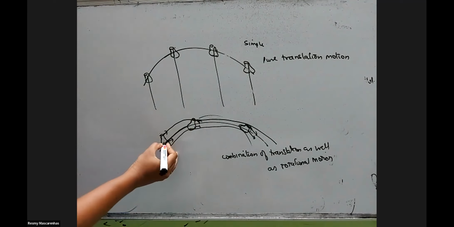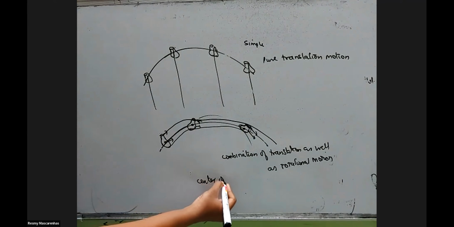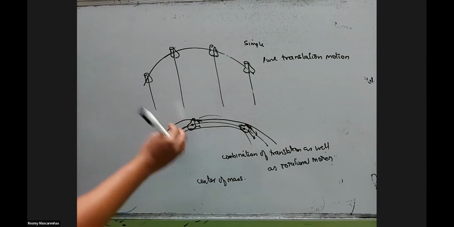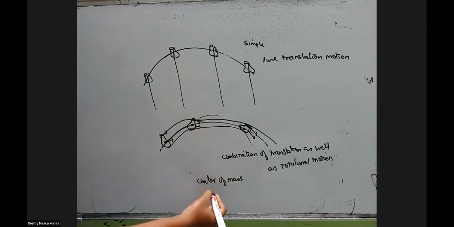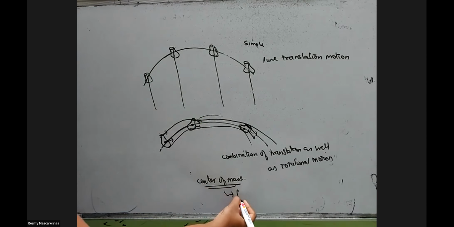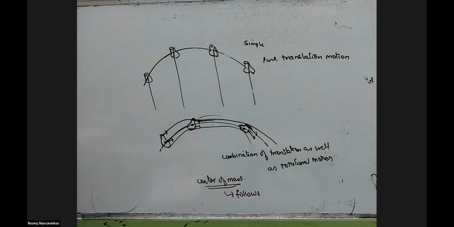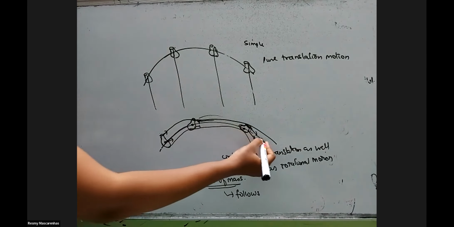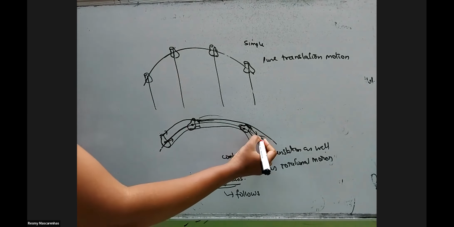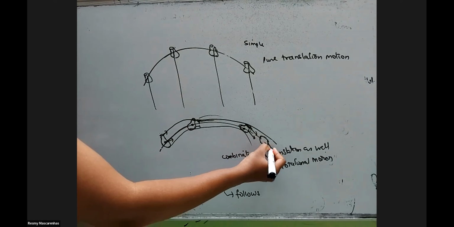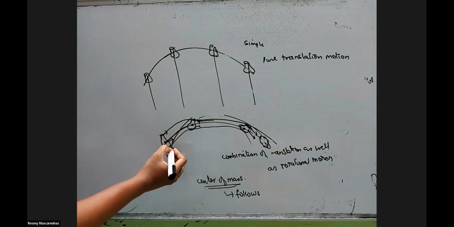So in general, what we consider is the center of mass, meaning where it is concentrated. One common point we take for the whole bottle. So the center of mass, if we calculate, we assume it follows a parabolic path. Because the bottle could reach in many ways, not necessarily between any two paths.